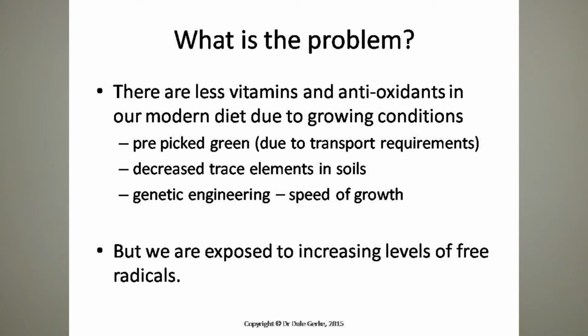Now, that's a major issue because it doesn't matter how well you grow your fruit and vegetable, they're not going to be nutritionally effective when you eat them. And then, of course, there's the problem of genetic engineering, which helps speed up the growth of fruit and vegetable. And the trouble with that is that that doesn't allow the full nutritional content to occur in the fruit and vegetables that are genetically engineered.